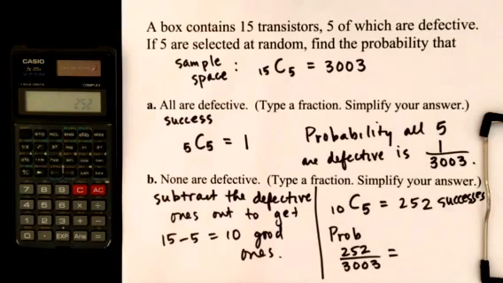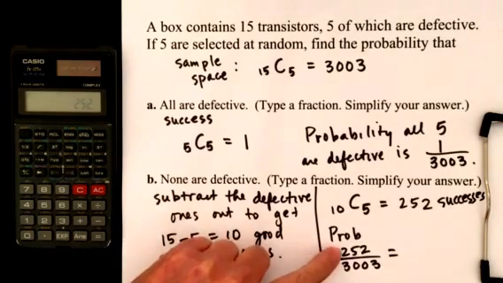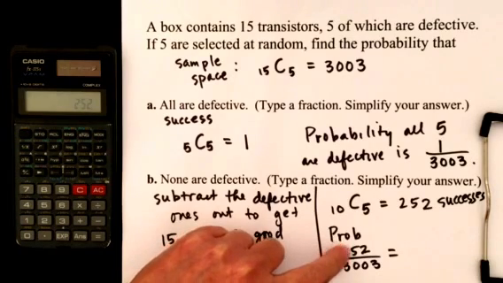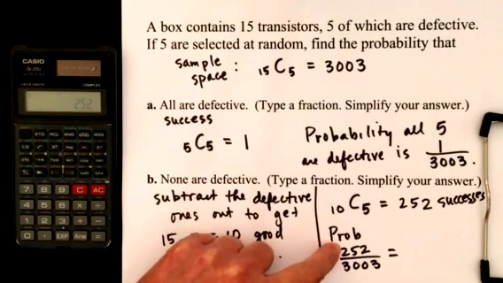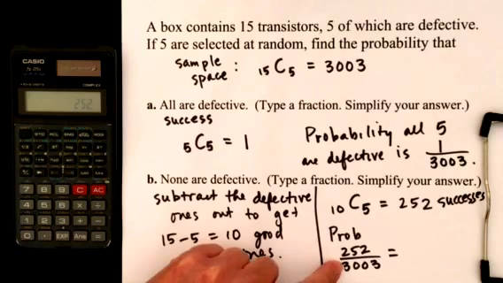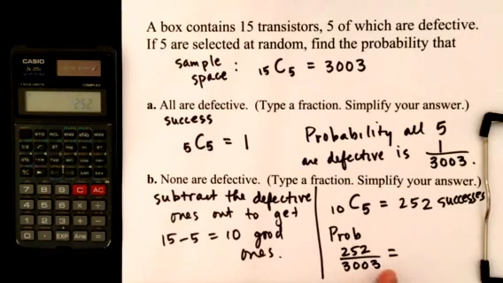The trick to know if you can reduce by 3 is to add the digits in 252. 2 plus 5 plus 2 is 9. So I got a number there when adding the digits that reduces by 3. What about the denominator? 3 plus 0 plus 0 plus 3 is 6, and 6 reduces by 3, so I can reduce this fraction by 3.